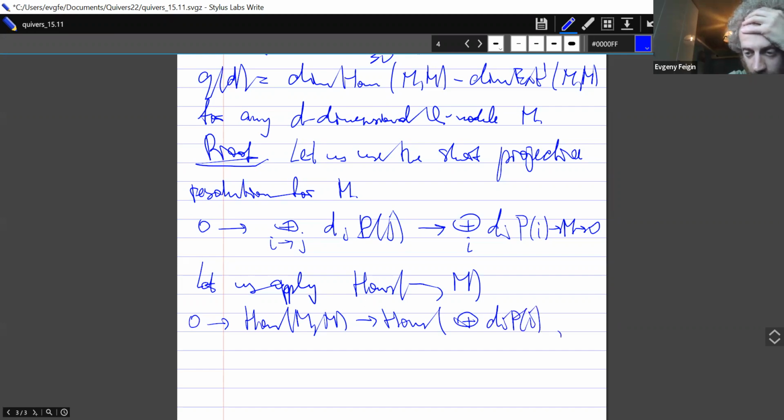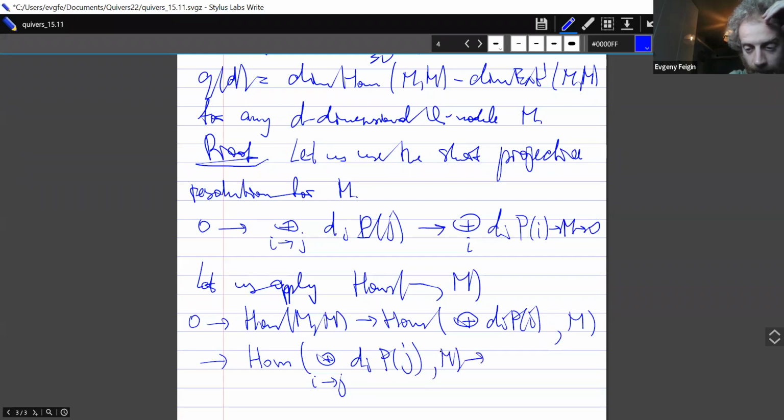Hom of the direct sum of D_i P of i to M, and then we have the direct sum over all arrows of D_i P of j to M, and then Ext^1(M, M).